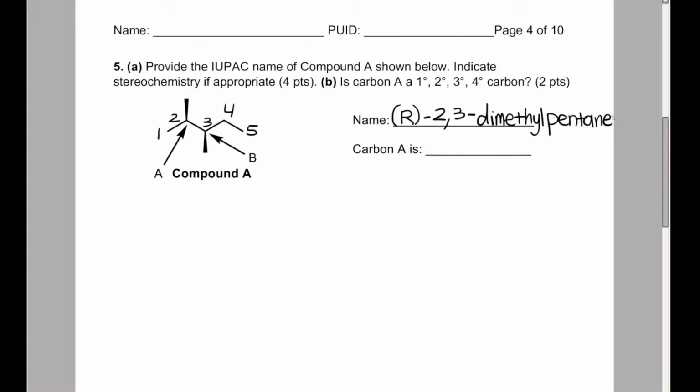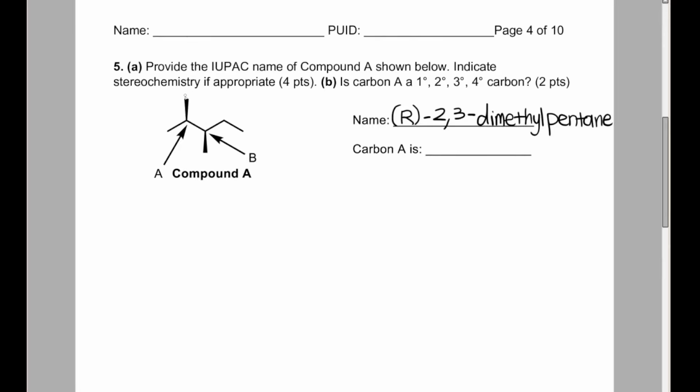And now we need to figure out what kind of carbon carbon A is. Is it a primary, secondary, tertiary, or quaternary carbon? So carbon A is attached to this methyl group. It's attached to this methyl group, and then it's attached to whatever this is, which is also a carbon.